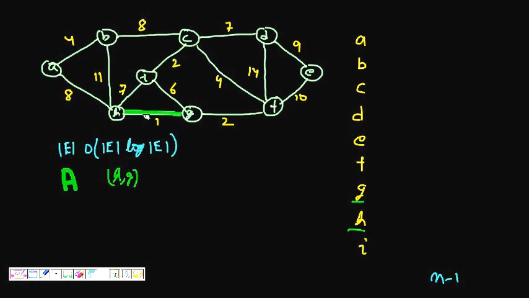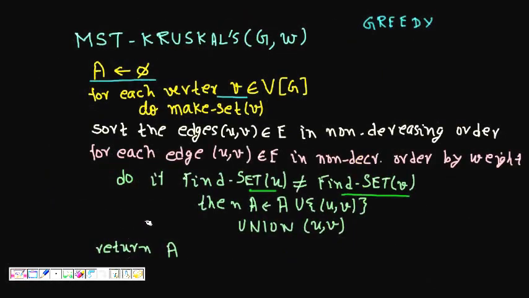So I can choose this edge, which is a safe edge, and include it in A. If you see the code, if the sets are different for U and V, then that edge is added to A, and then we also do union U comma V.